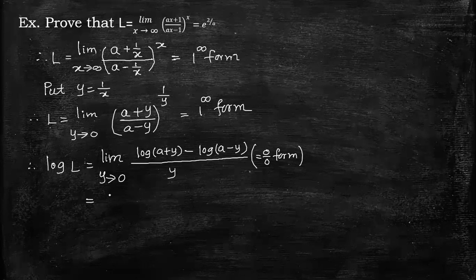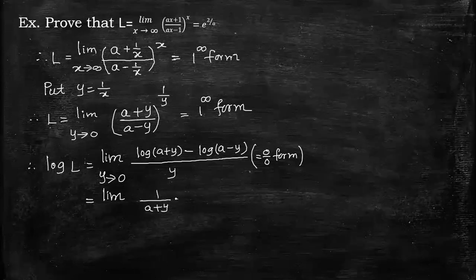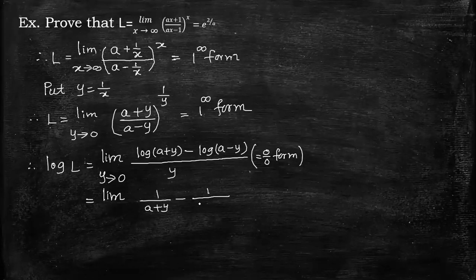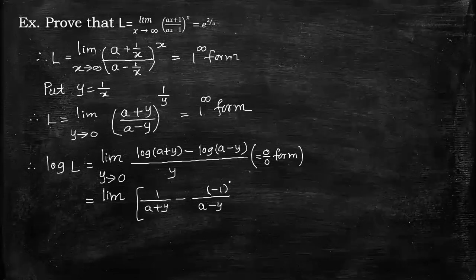And that is limit 1 upon a plus y minus 1 upon a minus y into minus 1 as y tends to 0.